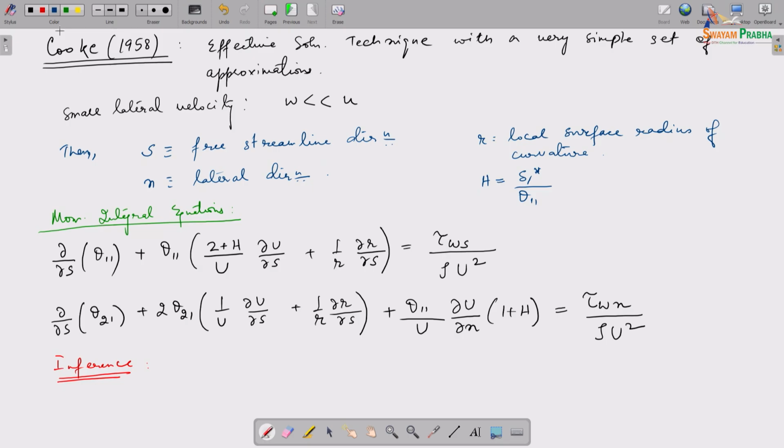So, for the small cross flow approximation, the other three integral thicknesses, right, have negligible effect.